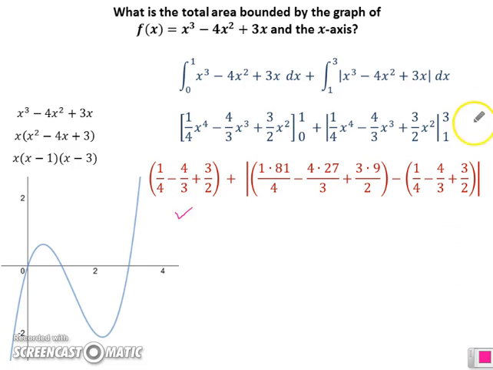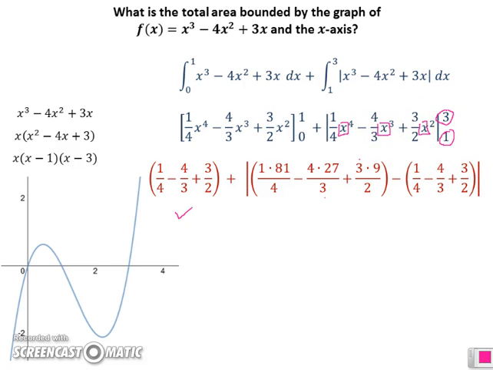Second piece gets kind of icky because you're plugging in a 3. 3 to the fourth power is 81, so it's 1 times 81 over 4. 3 to the third power is 27, so this one's 4 times 27 over 3. And then 3 to the second power is 9, so this one's 3 times 9 over 2. That's the first piece. And then the second piece is to plug in that 1. So 1/4 again, negative 4/3, positive 3/2.